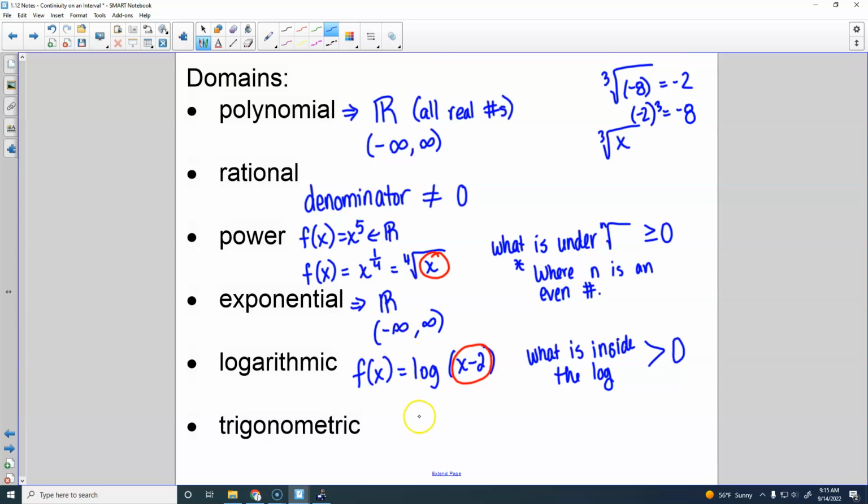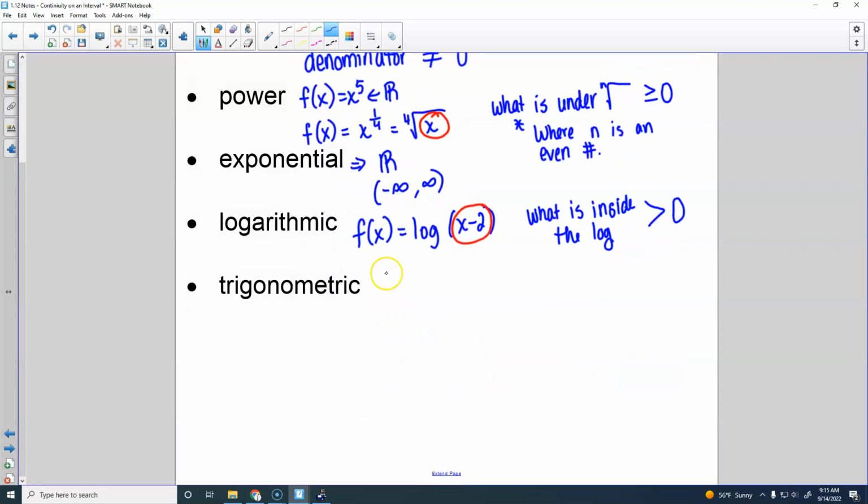And then finally, trig. If I have sine or cosine, what is our domain for sine and cosine? It's all real numbers. So, negative infinity to infinity. So, sine and cosine, they are continuous everywhere.